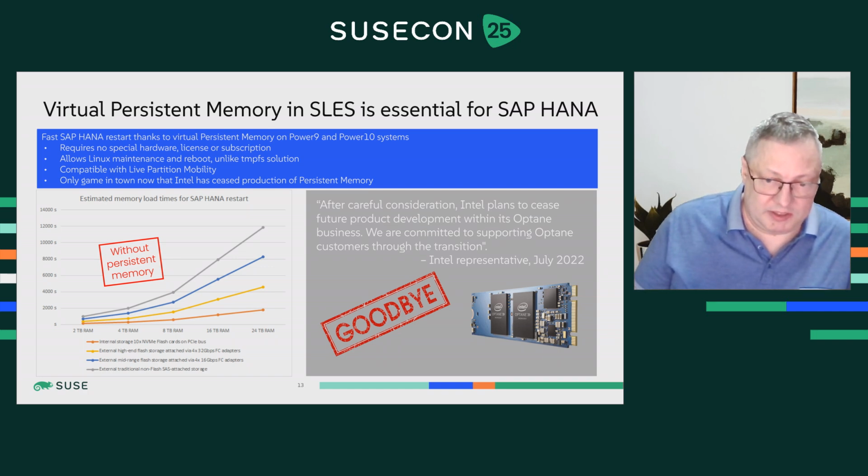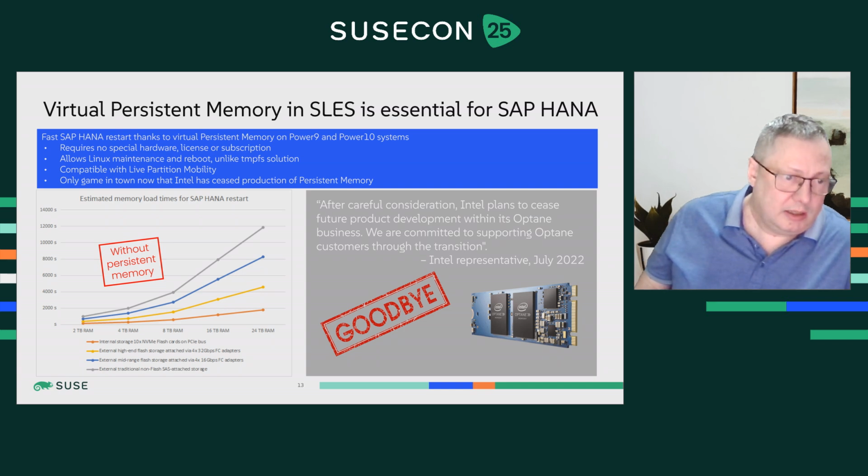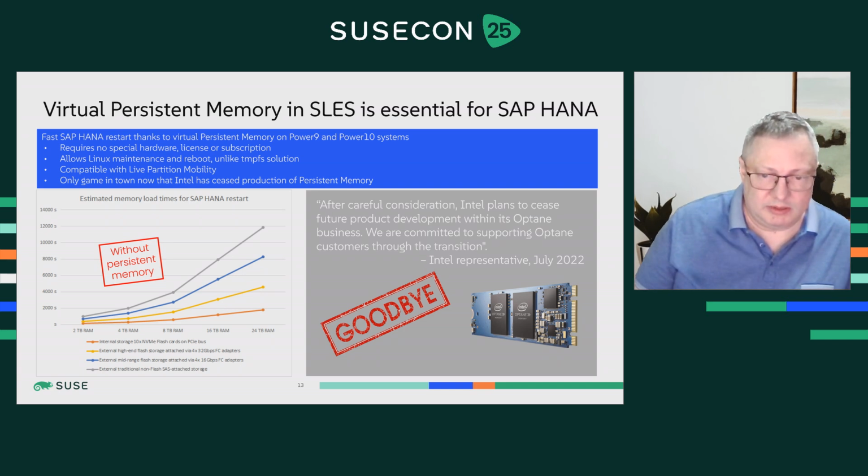But with persistent memory, you don't have that problem, because as long as you maintain power to your data center, those persistent memory devices are still there even after a reboot of the SUSE Linux operating system. So as a result, you start up your SAP HANA database in just a minute or two.